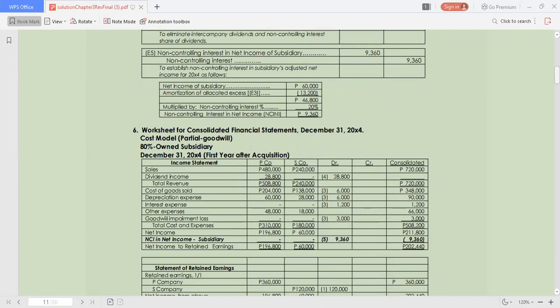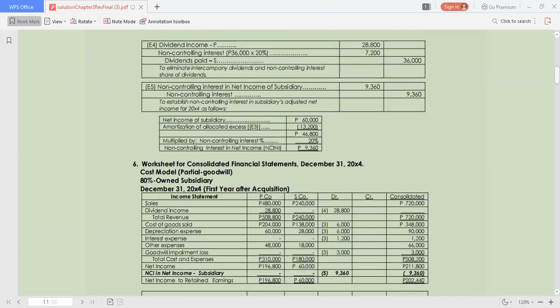So we now have number 4, E4. Then cost of goods sold of 204,000, cost of goods sold of Pascal, and 138,000 for subsidiary. And we have now the E3 adjustment, debiting and crediting inventory.